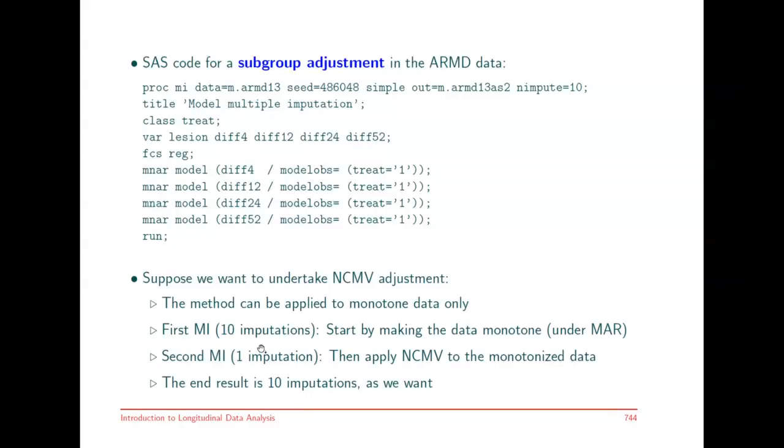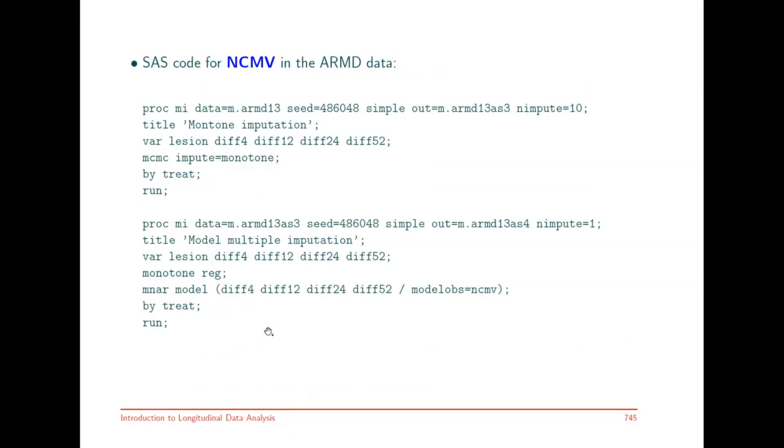Very important, if I need 10 imputations at the end of the day and I apply multiple imputation twice, you start with 10 immediately, and the second time you do a single imputation. Does it become single imputation? No, because you will singly impute every one of the 10 data sets that you already have, so it remains 10 and it's still multiple imputation, but not the other way around. So you start with the right number of imputations, and then in subsequent imputations you keep that number.